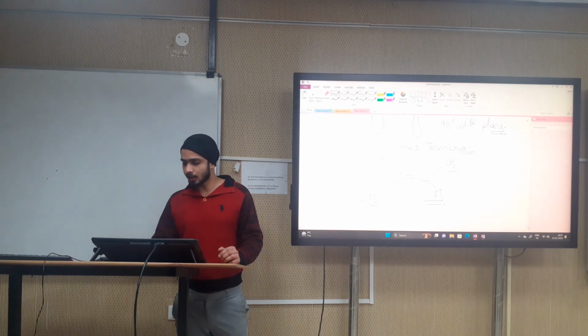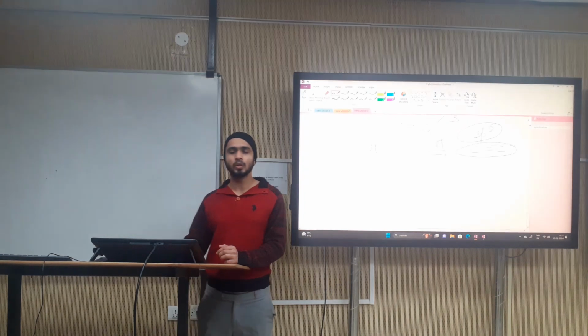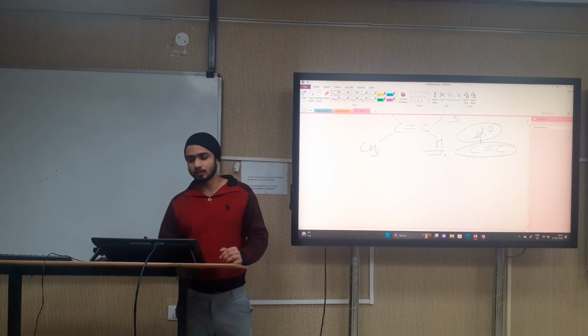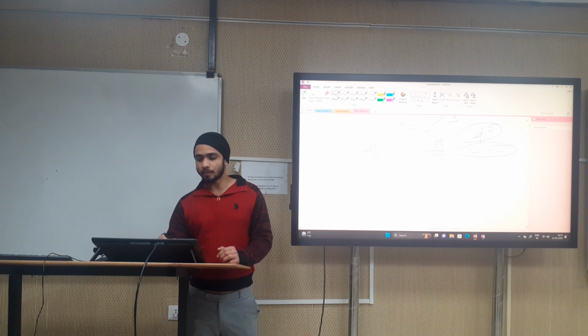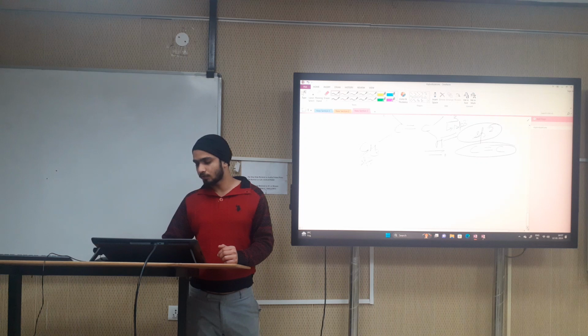So this is the trans of that, showing the sp2 hybridization in C double bond C. This is sp2 hybridized carbon. And what carbon is this? This is sp3 hybridized carbon, and this is also sp3 hybridized carbon.